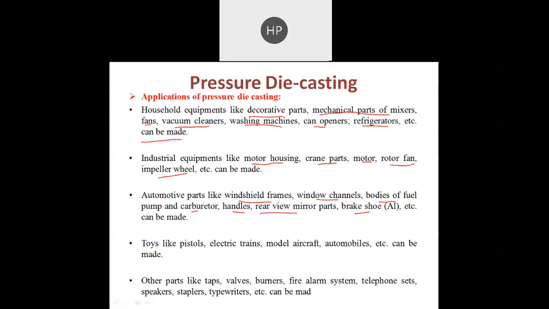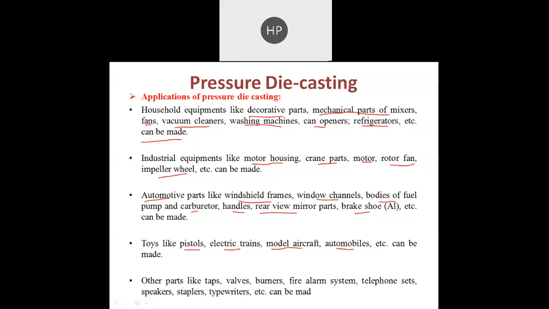And again, the automobile industry is a mass production industry, and all the parts we require are in big numbers, and that's why we can go for pressure die casting. Then toys like pistols, electric trains, model aircraft and automobile toys can all be made by pressure die casting.